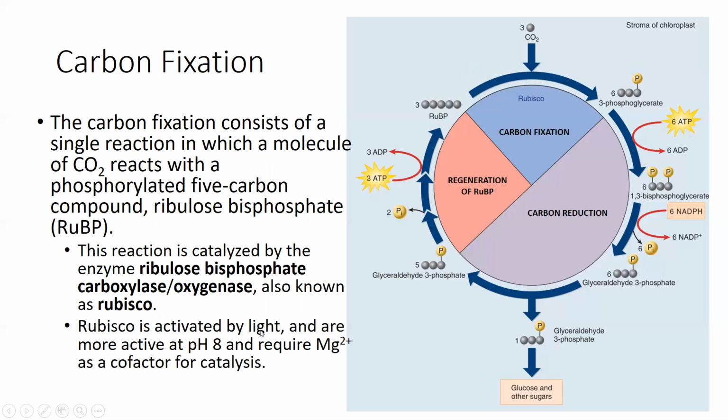Rubisco is activated by light, is more active at pH 8, and requires magnesium ions as a cofactor for catalysis. So this is the first phase, carbon fixation, in which Rubisco fixes carbon dioxide into ribulose bisphosphate to form an unstable 6-carbon compound, which is immediately split into 2 molecules of phosphoglycerate, a 3-carbon compound. So this is the carbon fixation.